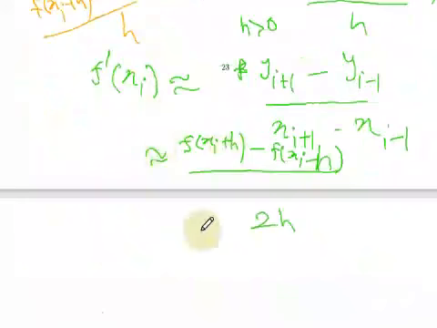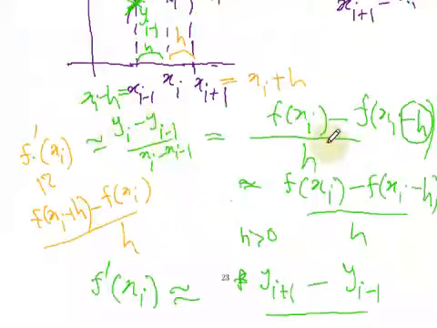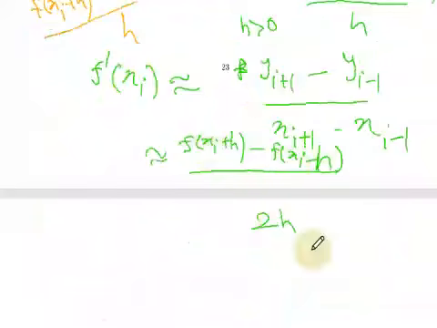So this is called the central or midpoint approximation to this. This is the forward approximation, this is backward, and this is central or midpoint approximation.